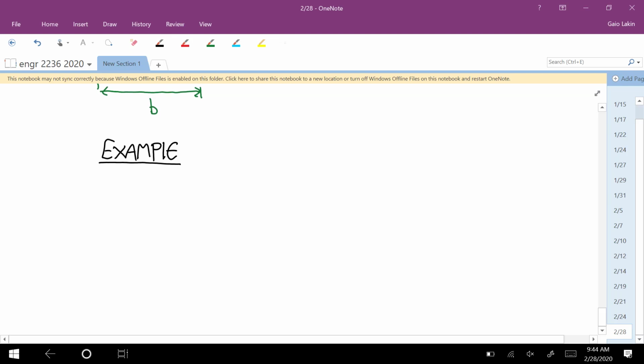Okay, so let's figure out the centroid of Minnesota. We'll approximate Minnesota. That's supposed to be a semicircle. And we'll say this is 400 miles.